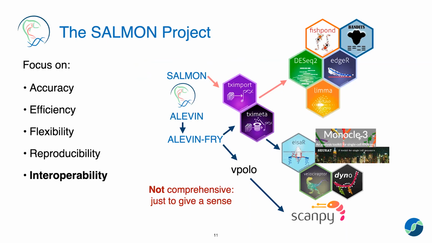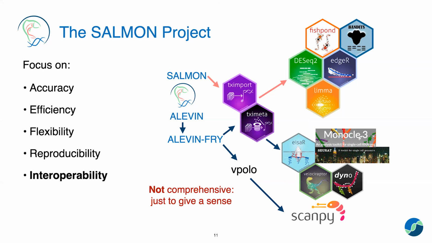Salmon, specifically Alevin, and recently Alevin-fry, which is a new improved version of Alevin that we've been developing, interface with the single-cell ecosystem in a number of ways. The primary one is through two different packages. The input to R is currently through tximport and tximeta.